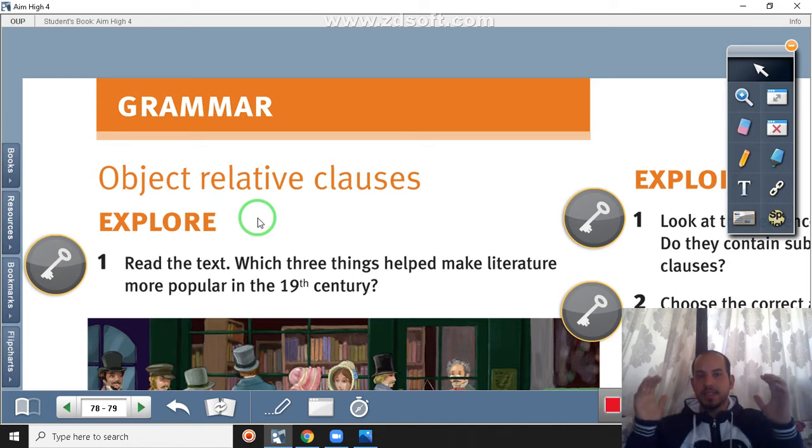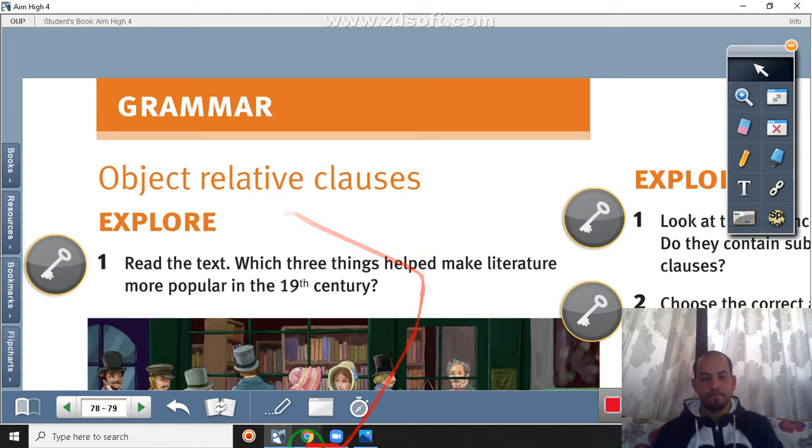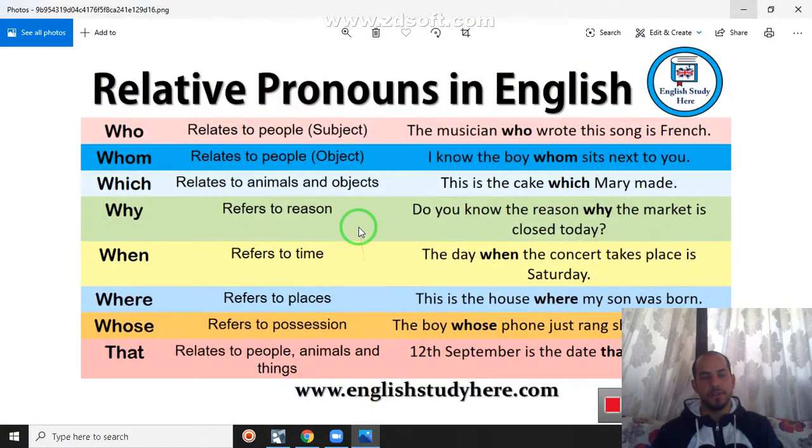The sentence or the relative clause includes a relative pronoun. Okay, look at this picture here. These are the relative pronouns in English. The first one is who, and who is a relative pronoun that describes people.